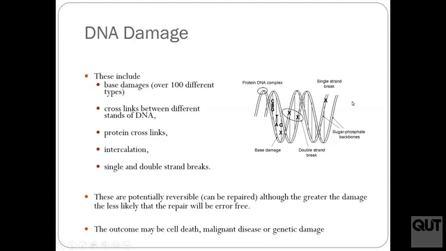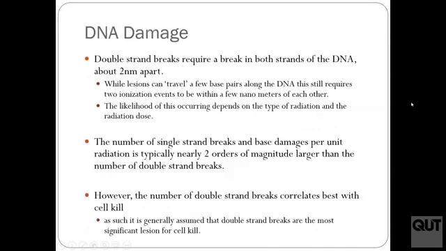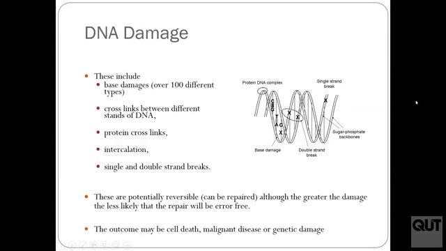Damage to the DNA can be damage to the bases, crosslinks between various strands of DNA, protein crosslinks, intercalation, but the main thing is single strand breaks, where one of the sides of the ladder gets broken, or double strand breaks, which are even more important, where both sides of the ladder are broken at roughly the same spot.